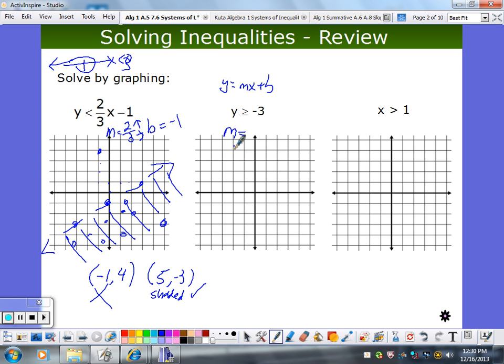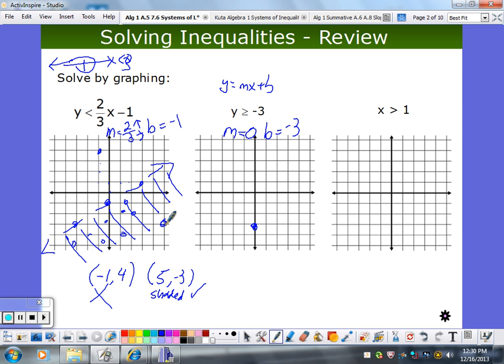Comparing it to y equals mx plus b, where's the x? It's gone. What must m have been? 0. And what's my b? So 1, 2, 3. And what does a line with a 0 slope look like? Horizontal. Thank you. Horizontal line.